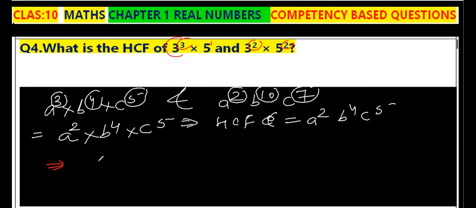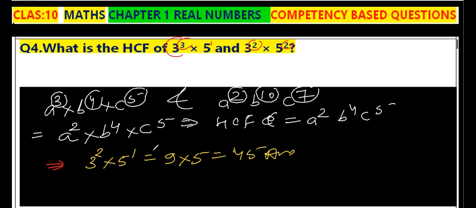So what is the HCF? 3 power 2 into 5 power 1. So you can write 3 threes are 9 into 5, that is 45. So the HCF of these numbers is 45 and this is the answer.